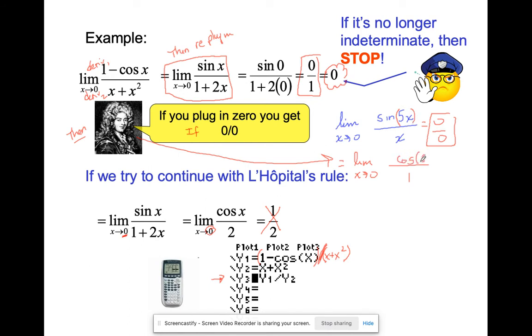Cosine of 5x times 5. Replug in, and you get 5 times cosine of 0. Cosine of 0 is 1, so sure enough, you get 5. Math is so cool.